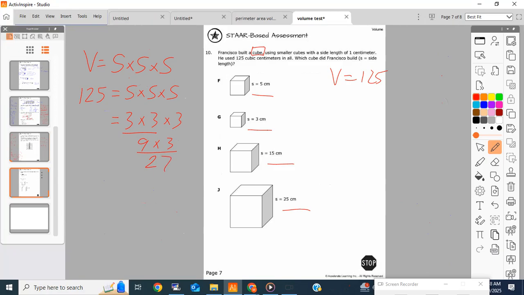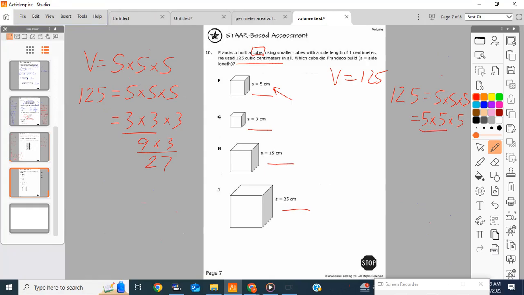Is that the volume that they were asking for? No, they were asking for 125 cubic centimeters. So let's try another one. We'll do it on this side. 125 equals side times side times side. So we substitute in, let's try the 5 this time. We'll try 5 times 5 times 5.